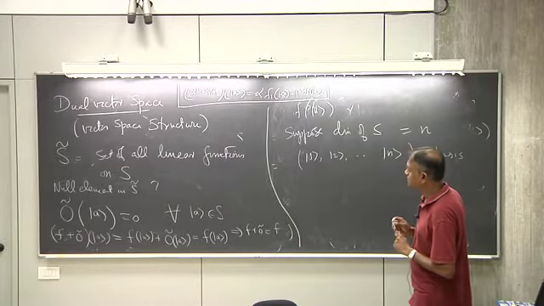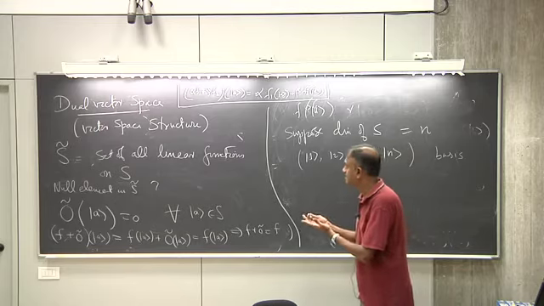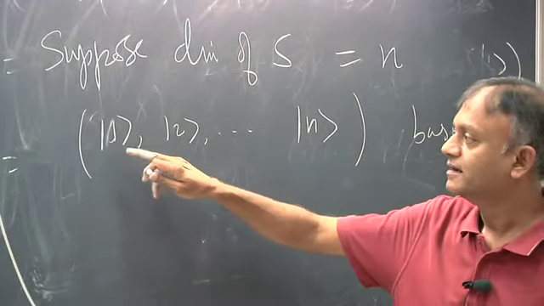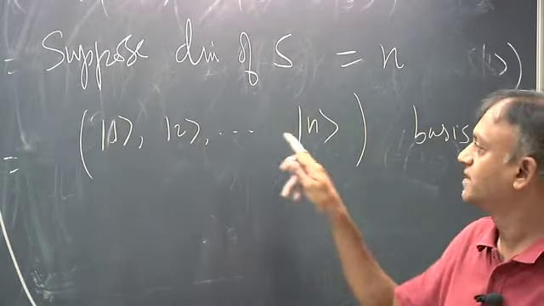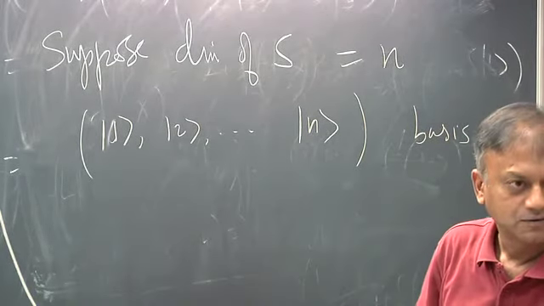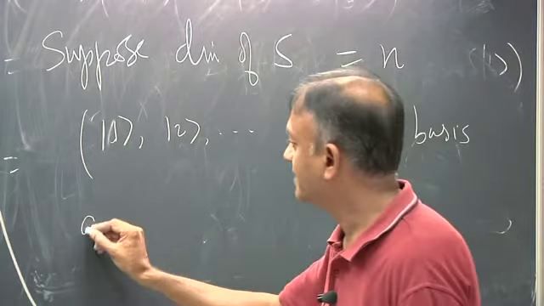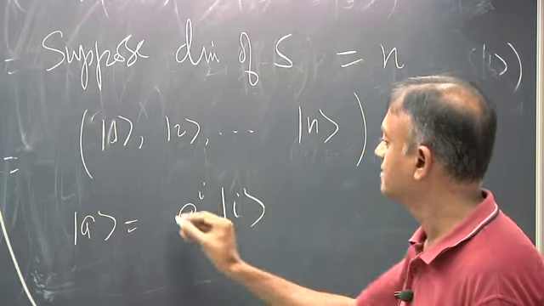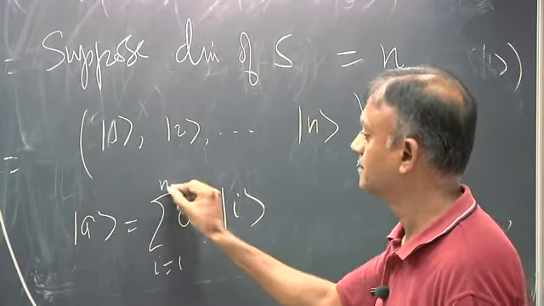Then you see, to define a linear function on S, it is sufficient to define the value of f for each of these basis vectors. Why? Because any vector A, I can write as a sum over i of ai ei.